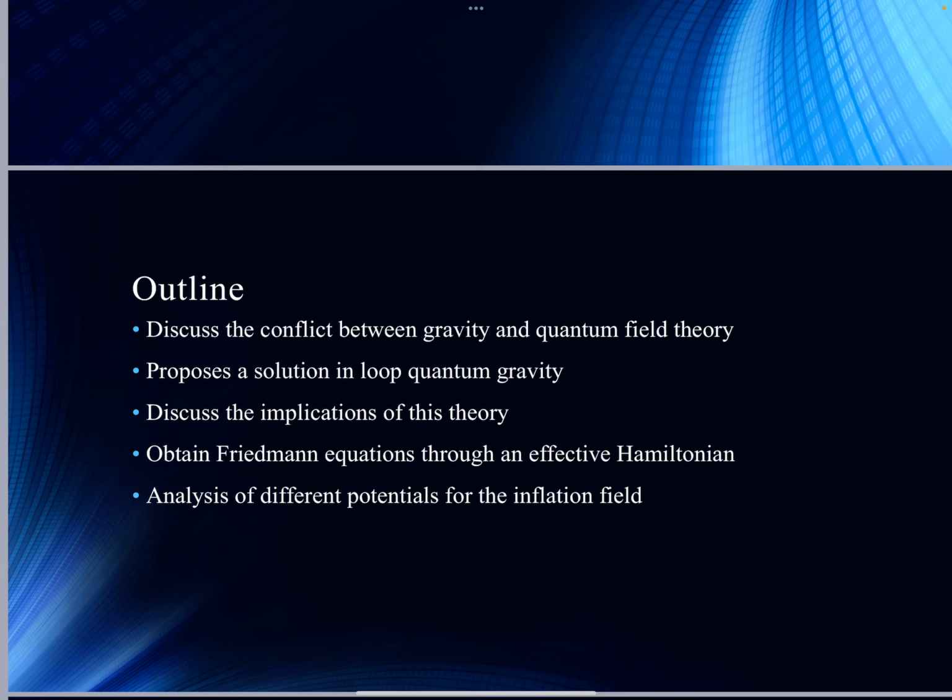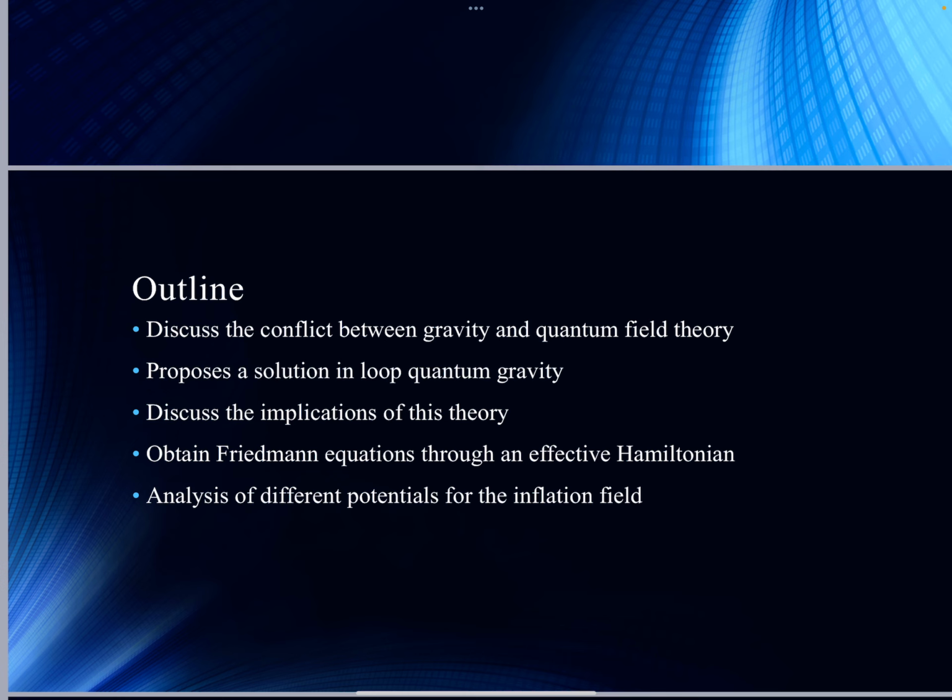With that, we can get an effective Hamiltonian, and with the effective Hamiltonian, we can attain what's known as the Friedmann equations. Those equations will be very helpful because it'll let us find things such as the expansion rate of the universe. And that'll be based off of, as well as the equation of state of the universe.